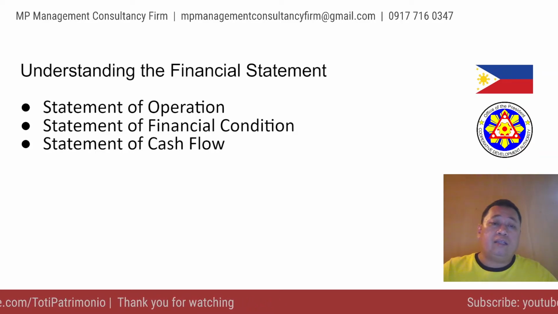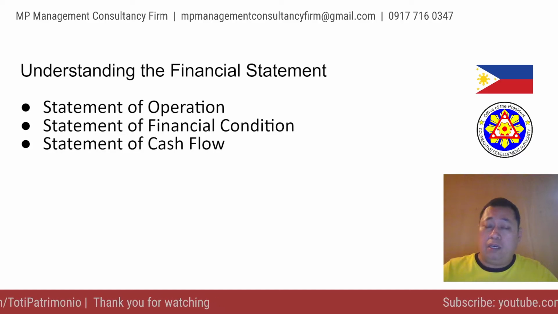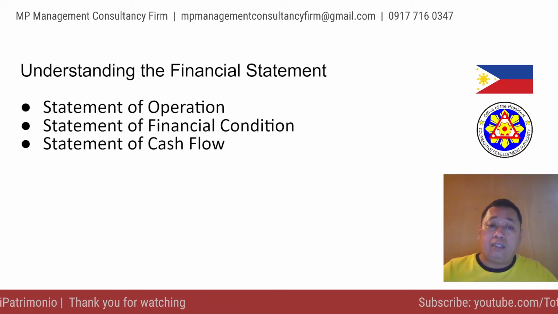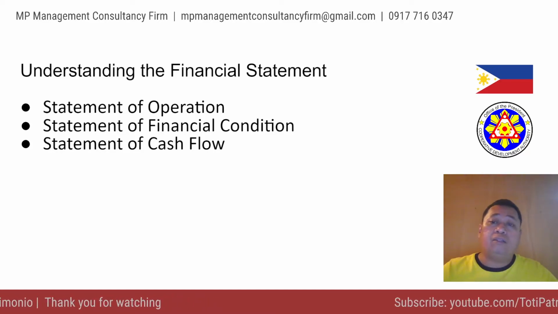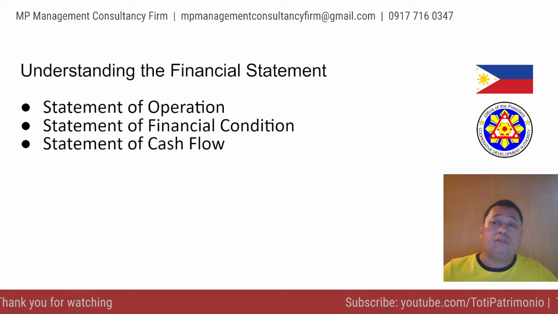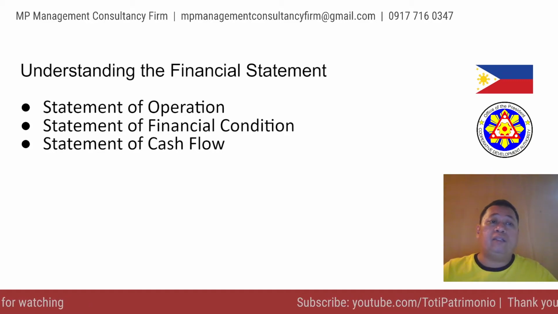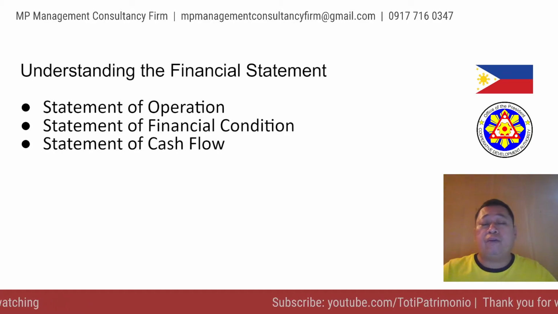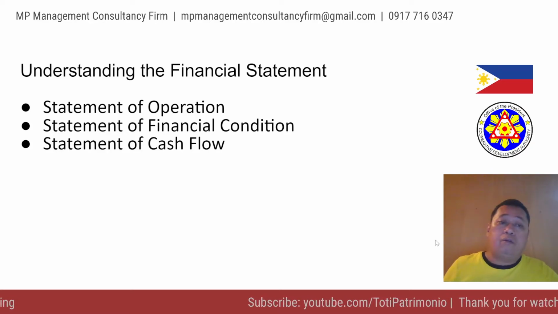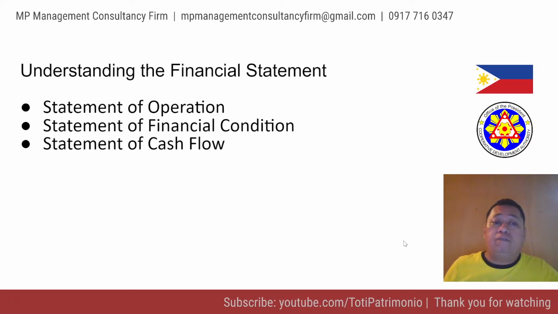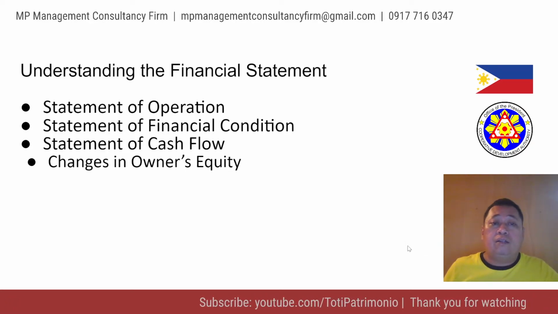Normally, an indirect statement of cash flows is presented with three major categories, which are the operating activity, the investing activity, and the financing activity. Those are the representations of the statement of cash flows in the cooperative.